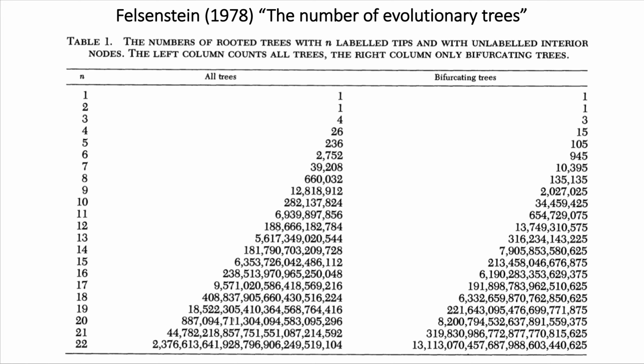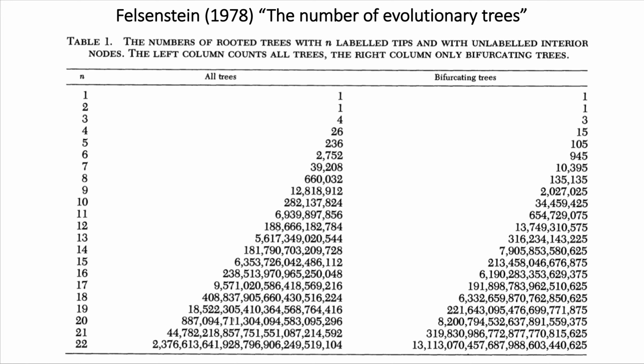The illustration that he wants to make here is that the number of all trees that are possible given a set of languages or a set of species increases. I think it's not just exponentially, it just increases like mad, right? So for 22 languages there at the bottom of the slide, we have an insane number of trees that we will want to look at.